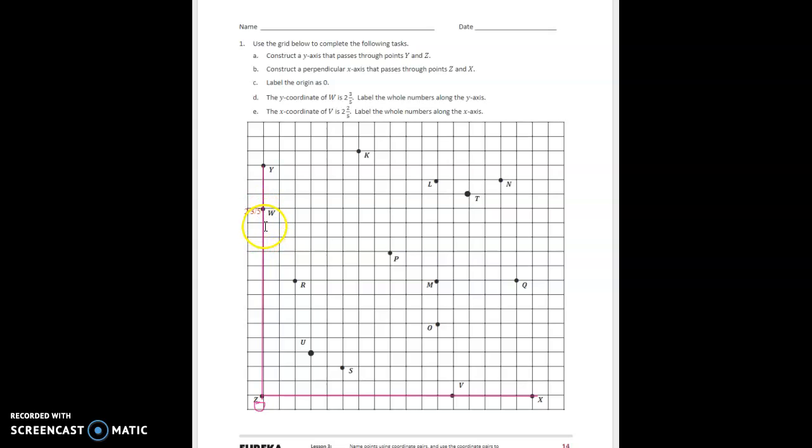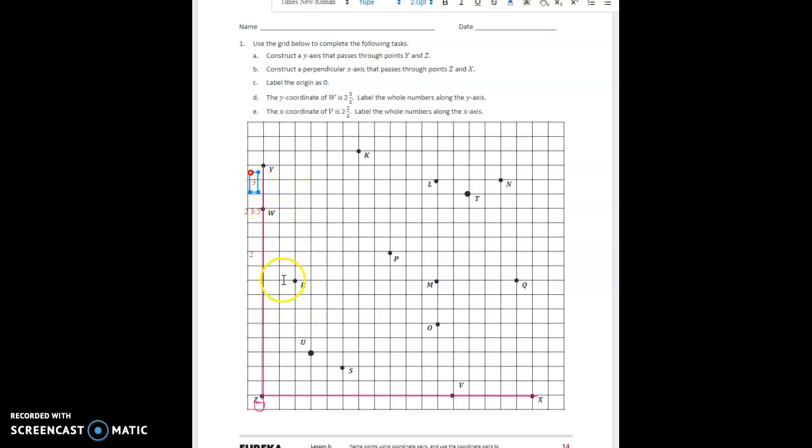So this is 2 2/5, 2 1/5, 2, just 2 here. And then if we go up from 2 3/5, that's 2 4/5. 2 5/5 is actually what? 3, because 5/5 is another whole. So this is technically 3 right here.